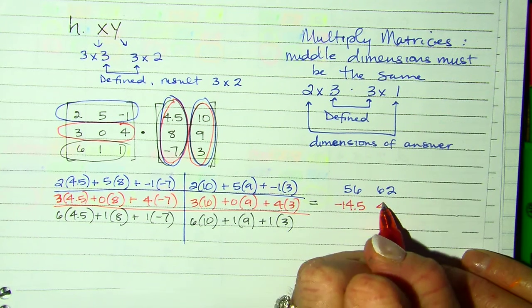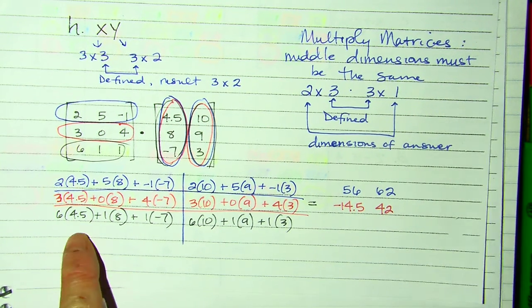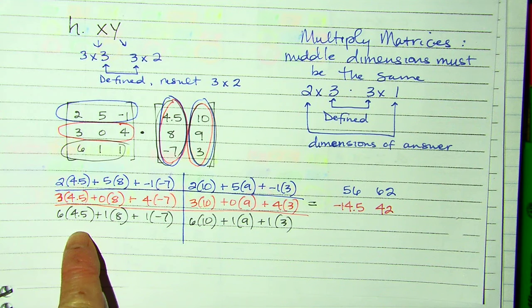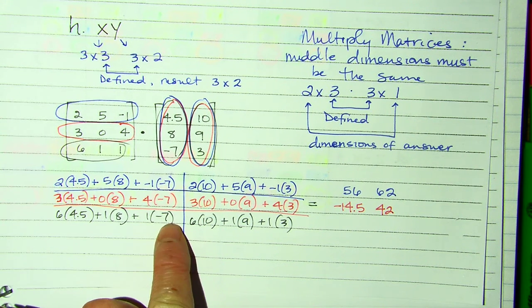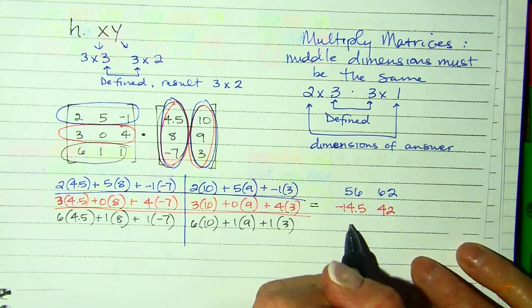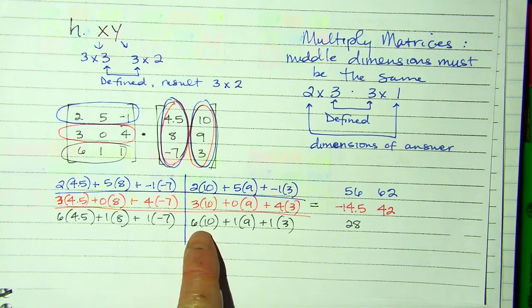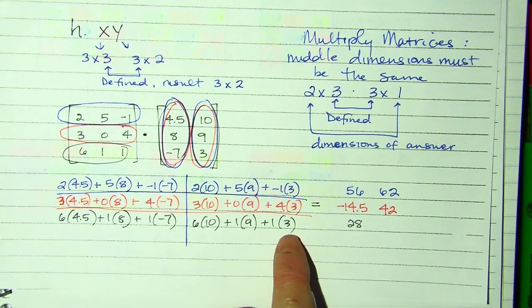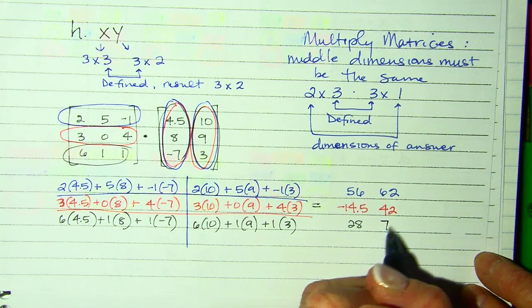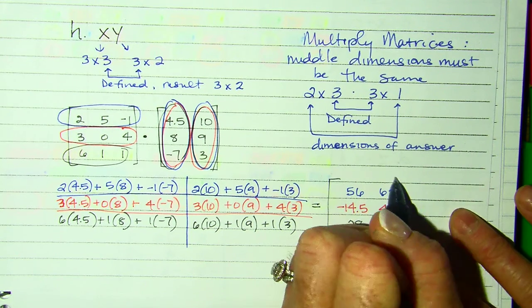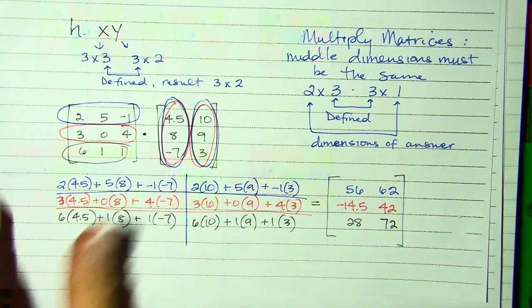I get 42. Bottom, 6 times 4.5 plus 8 plus negative 7, and I get 28. 60 plus 9 plus 3, and I get 72. And that is the answer.